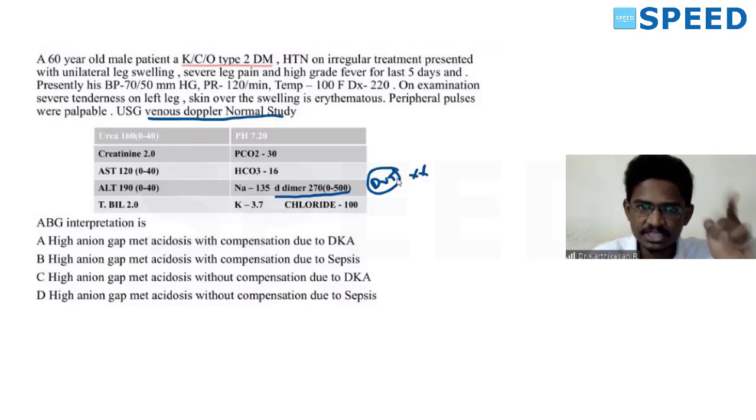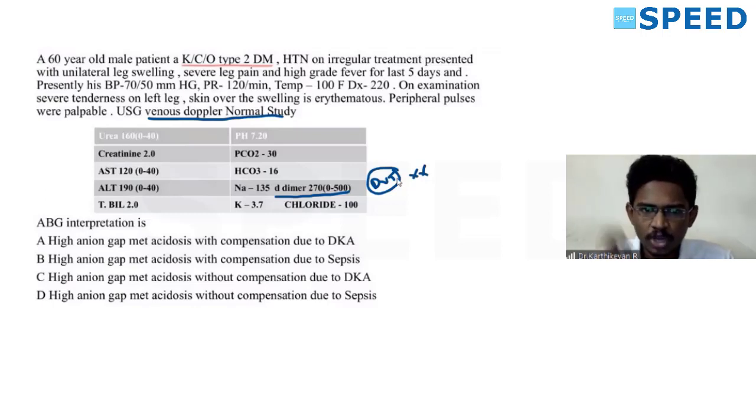The options: ABG interpretation in this patient is high anion gap metabolic acidosis with compensation due to DKA; high anion gap metabolic acidosis with compensation due to sepsis; high anion gap metabolic acidosis without compensation due to DKA; high anion gap metabolic acidosis without compensation due to sepsis.